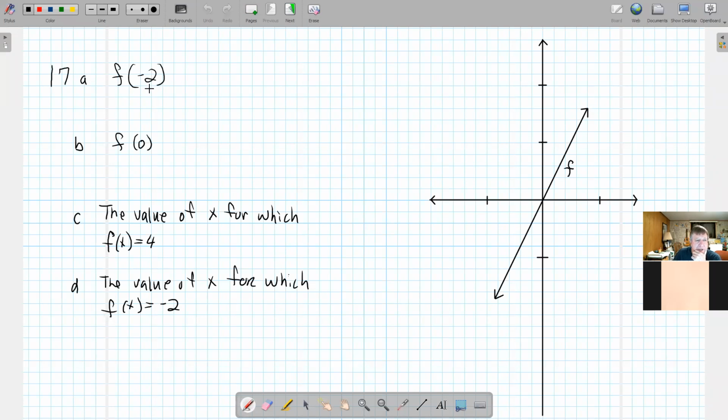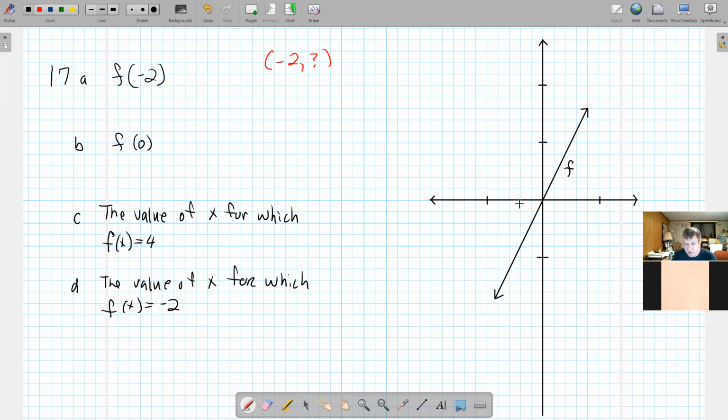It says f of -2. That's the same question as if we were to say, complete the ordered pair, (-2, what)? Okay, so we need to find the corresponding y value when x is -2. So we're going to go to the graph and find the point that has an x value of -2.